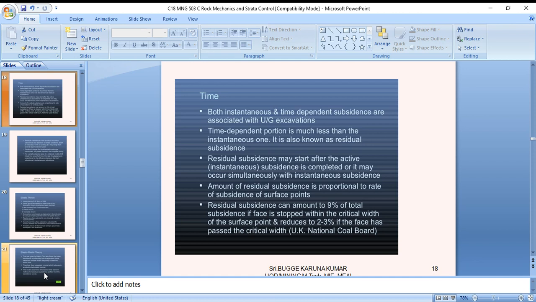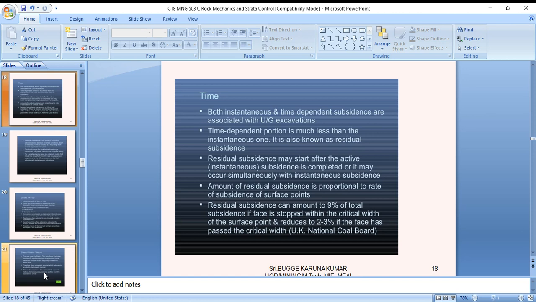So see that both instantaneous and time dependent subsidences are associated with underground excavation. The time dependent portion is much less than the instantaneous one. It is also known as residual subsidence. Residual subsidence may start after the active subsidence is completed, or it may occur simultaneously with the instantaneous subsidence.